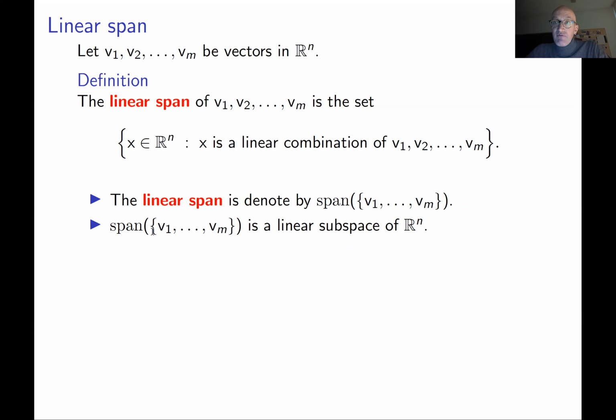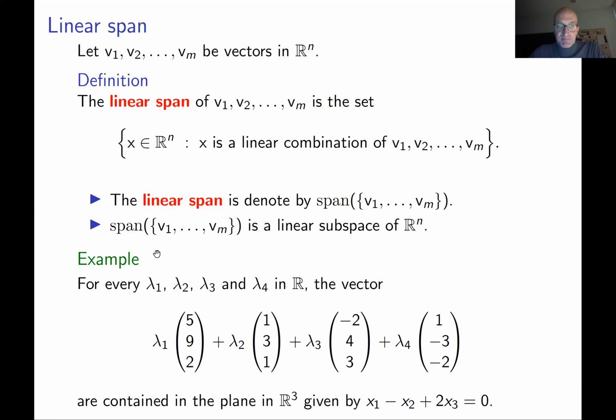This gives you a very nice way to generate vector subspaces out of finitely many vectors. Again, here is a crucial point: you have finitely many vectors, but they span a vector space or linear subspace, which usually contains infinitely many vectors.